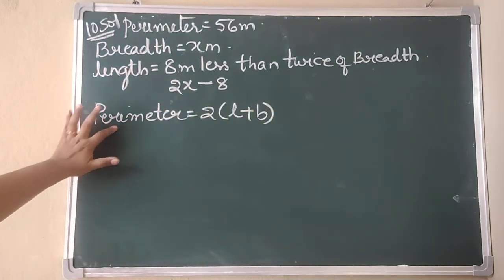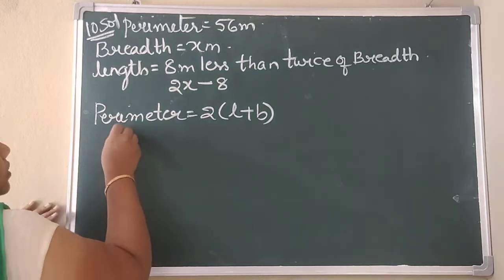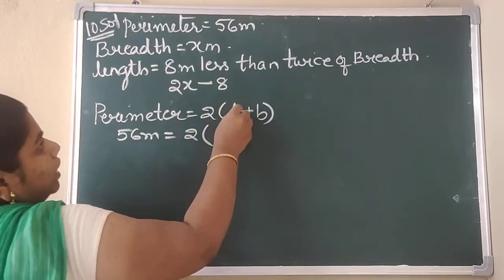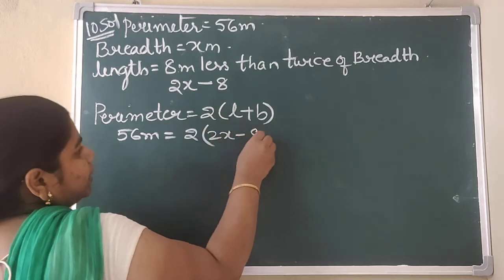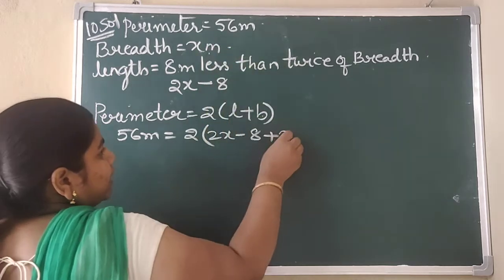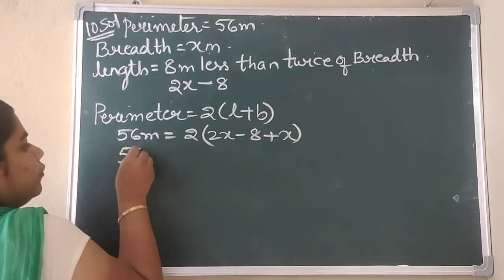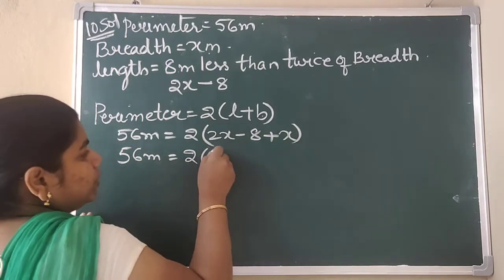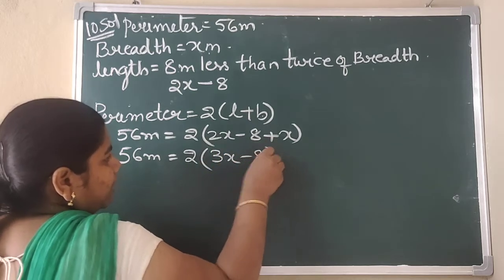So what is the perimeter value? That is 56 meters. So here 56 meters is equal to 2 into, length value is 2x minus 8, plus breadth value x. Okay, so 56 meters is equal to 2 into, 2x plus x will be 3x minus 8.